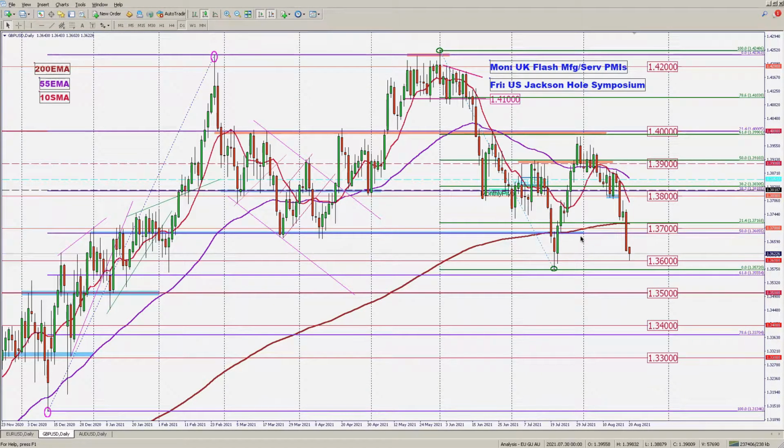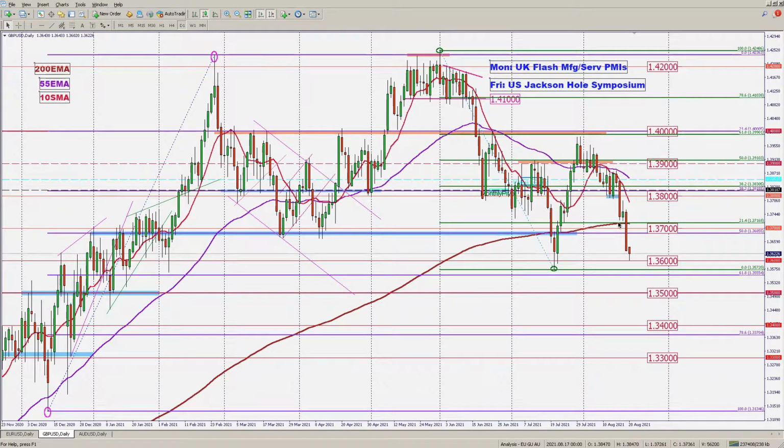So this support zone at the 50 pip retracement has been broken. And let's leave this one here.